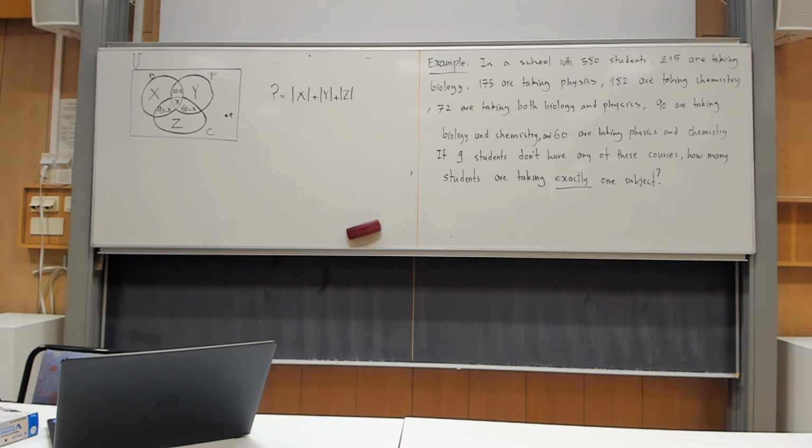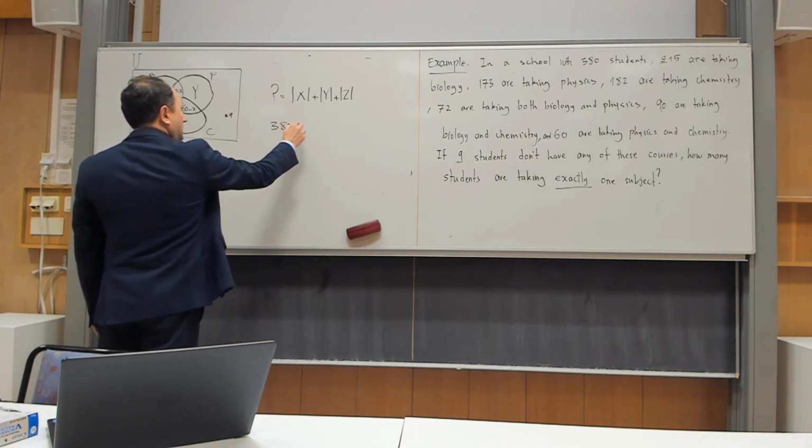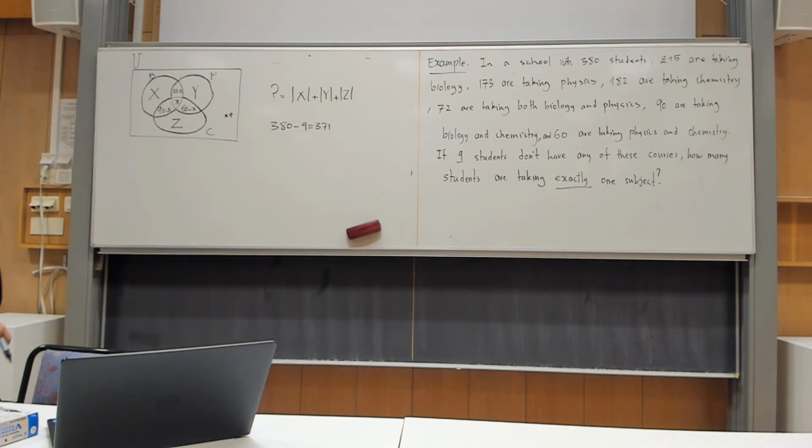But I also have some extra information. I know how many students are involved in at least one subject, 371. So 380 minus 9 is 371 students are actually taking courses.